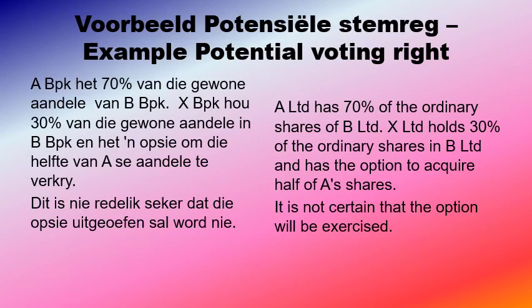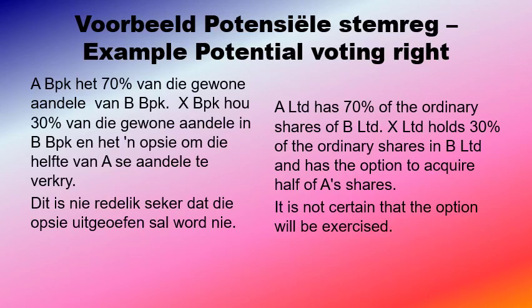So in this example, A Limited has 70% of the ordinary shares of B Limited, and X only holds 30% in B Limited, but X has an option to acquire half of A's shares, so half of the shares that A owns in B. That gives us 45%.